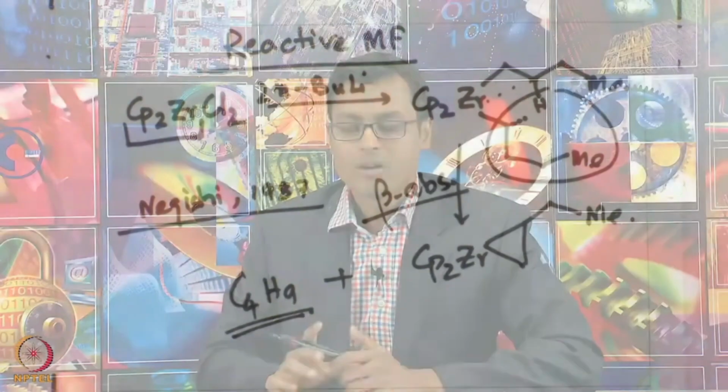What we have just now seen is how to prepare the free, or so-called free, cyclopentadienyl zirconium intermediate, because that zirconium cyclopropene intermediate we can get rid of in the form of an olefin, right.